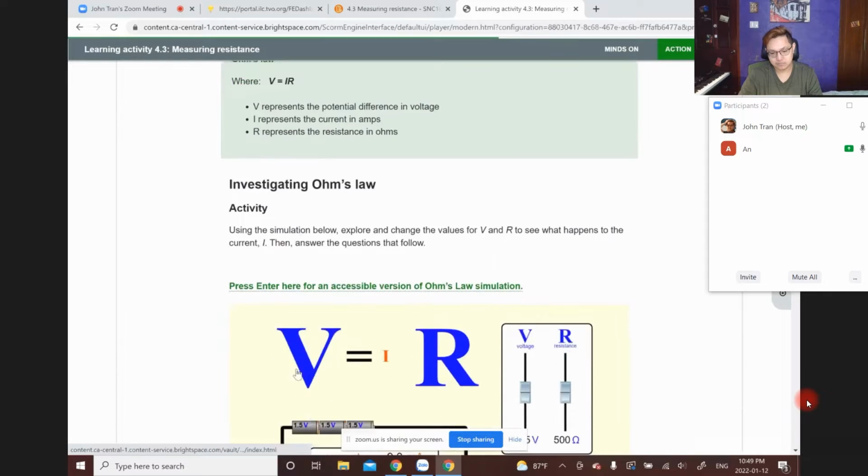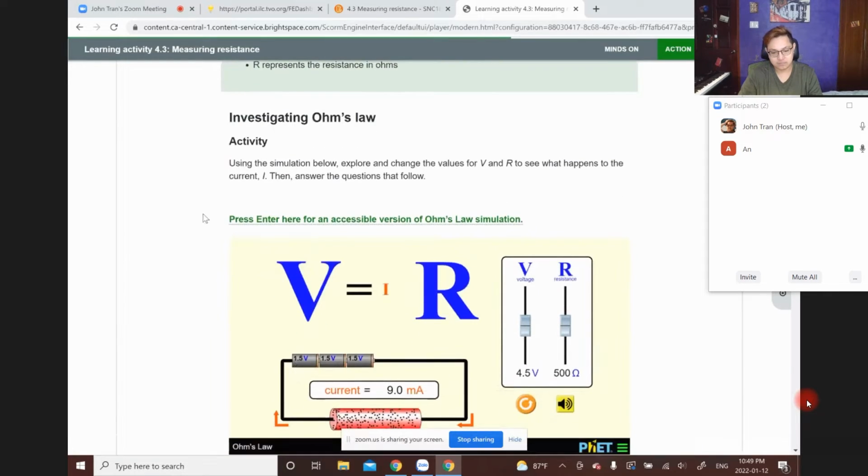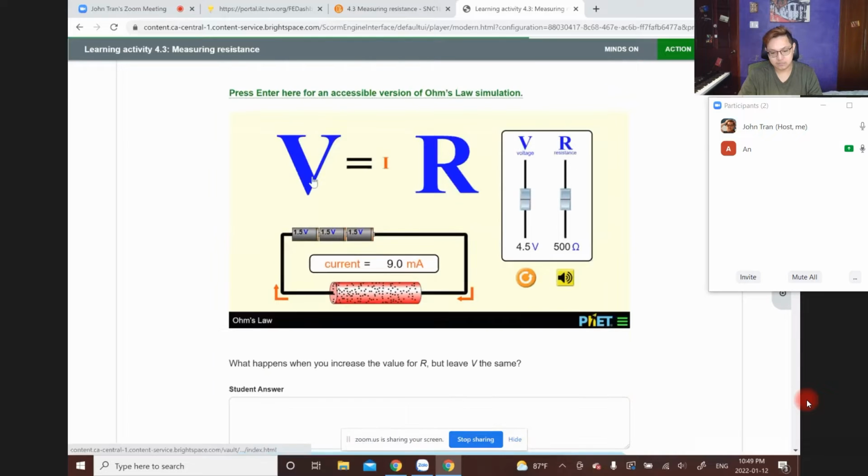Investigating Ohm's law activity. Using the simulation below, explore and change the values of V and R to see what happens to the current I. Answer the question that follows.